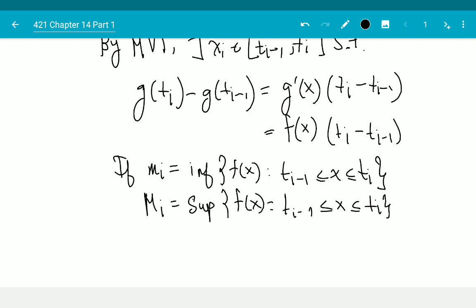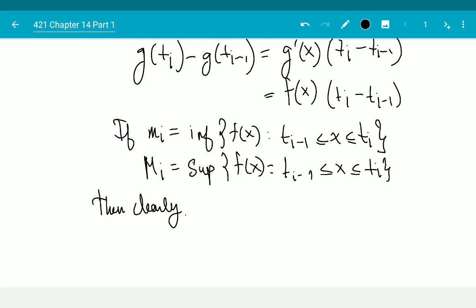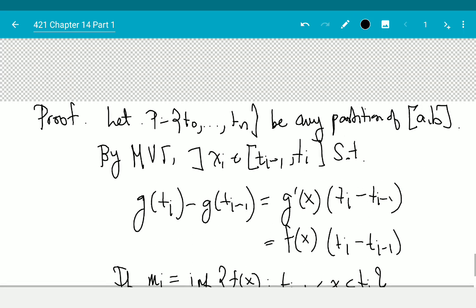Clearly, if I have these as the minimum and maximum values of f of x in this interval, small mi times (ti minus ti minus 1) is smaller than or equal to f of xi times (ti minus ti minus 1), smaller than or equal to capital Mi times (ti minus ti minus 1).